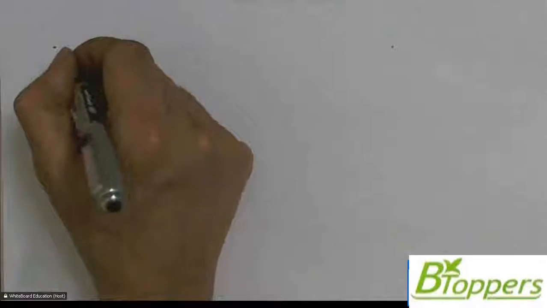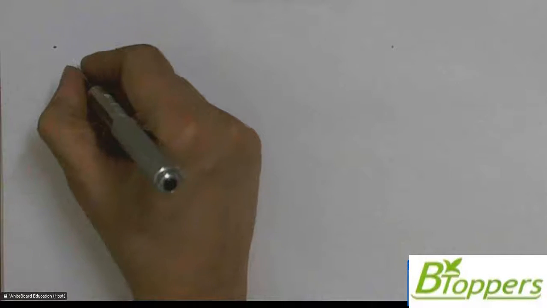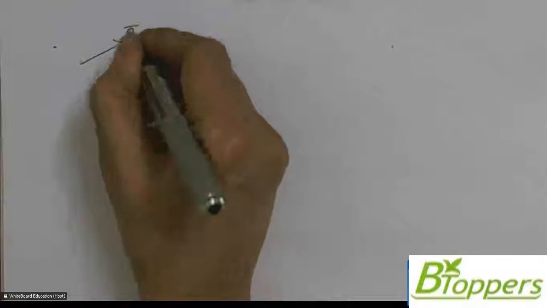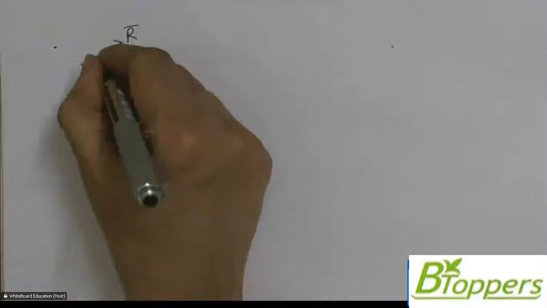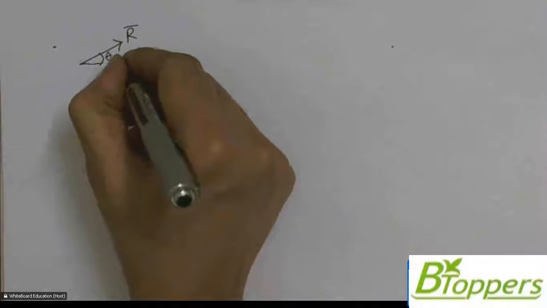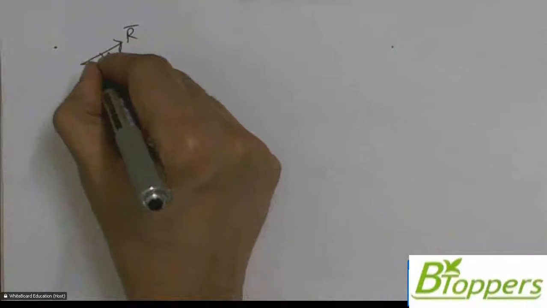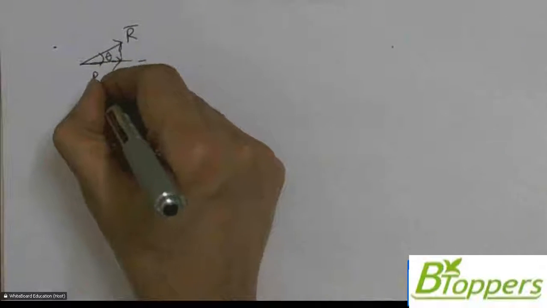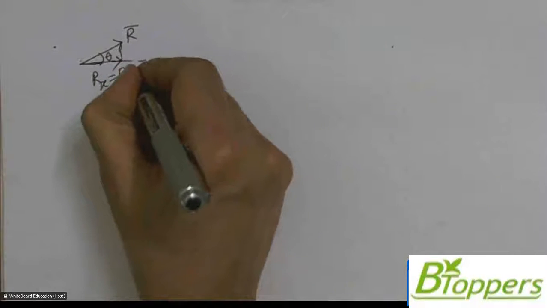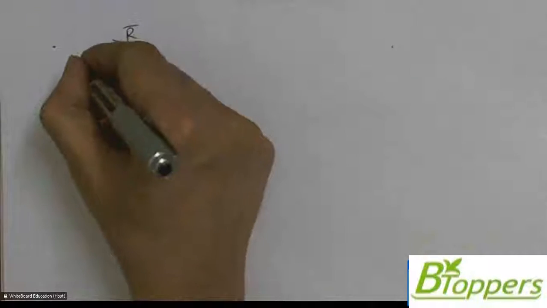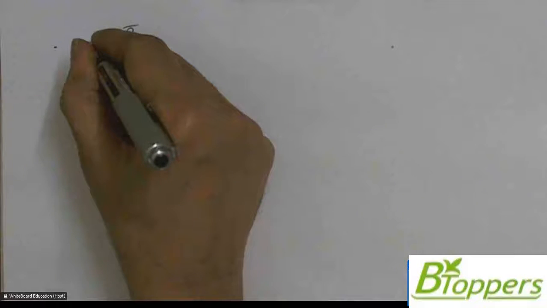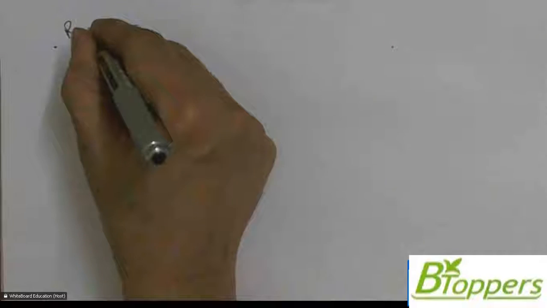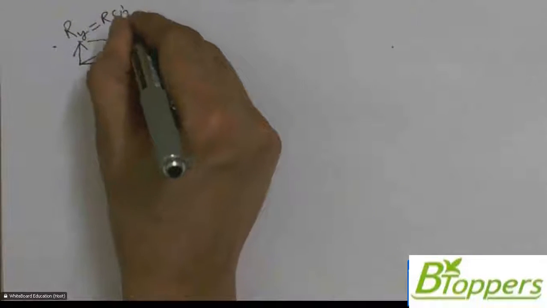So, as I have discussed, if the vector r bar makes an angle theta with the positive direction of the x-axis, the x component of the vector will be equal to r cos theta, and the y component of the vector is given by ry equal to r sin theta.